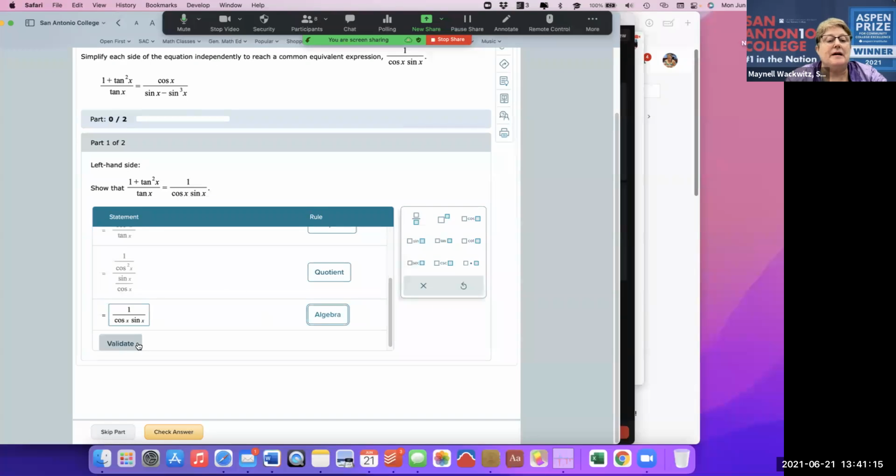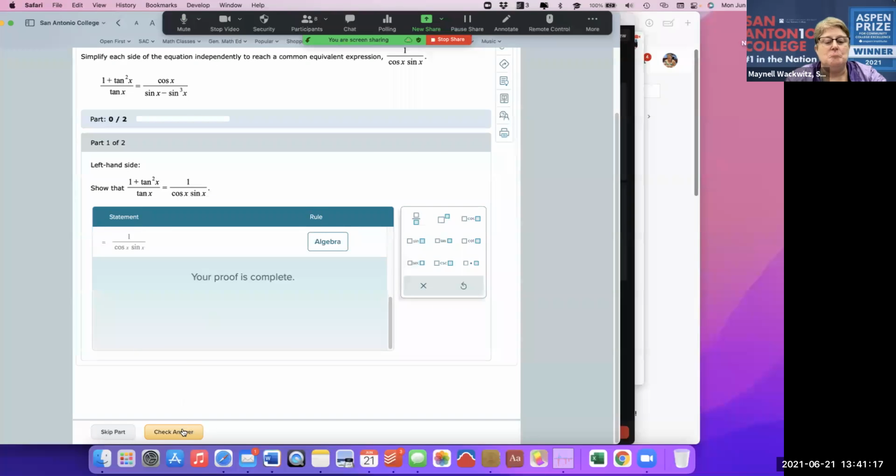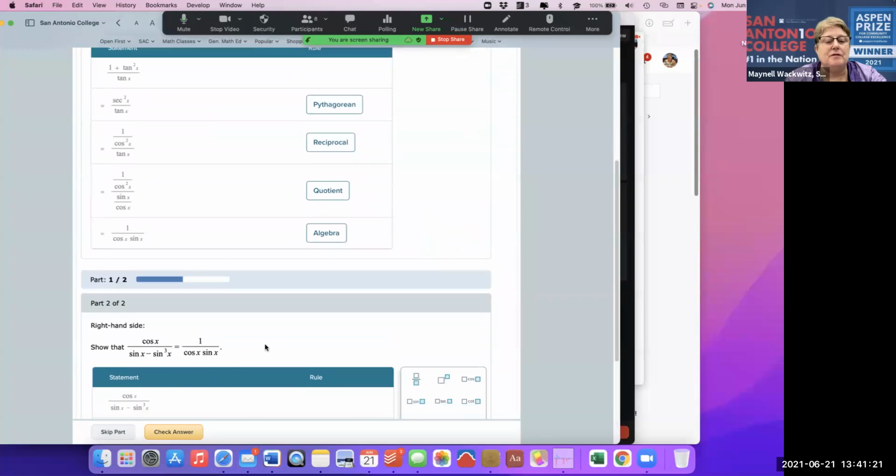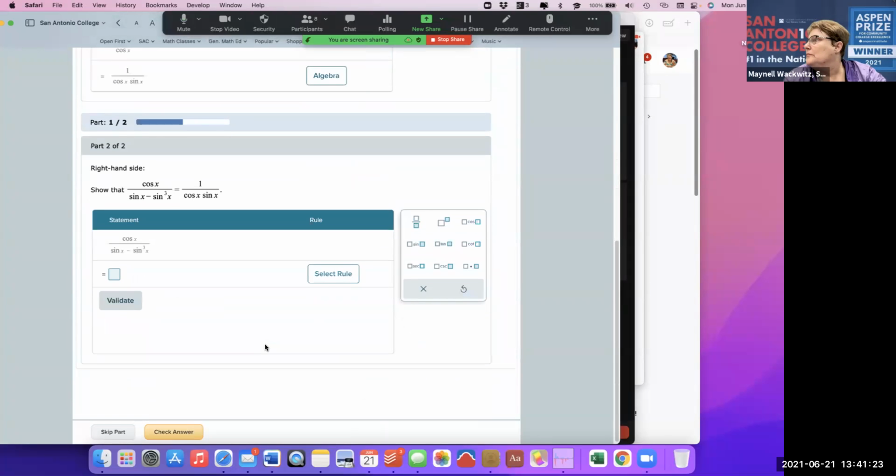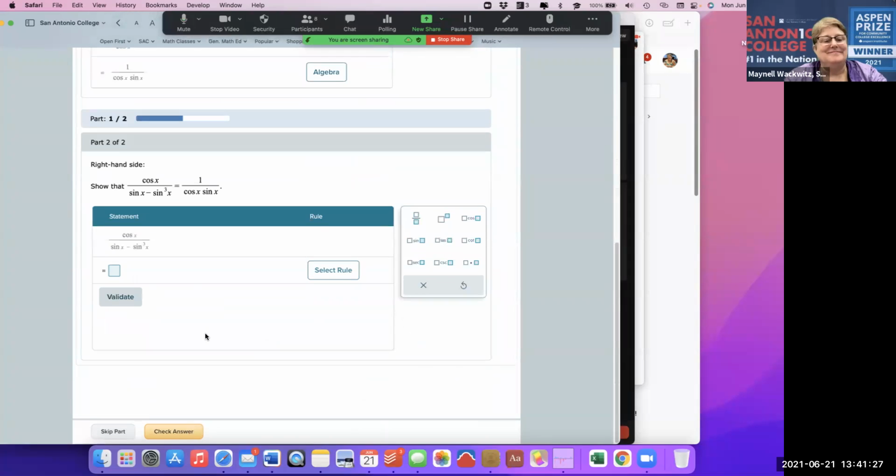All of that was just algebra. And now we're going to do the second half. You can't even go to the check answer part. You complete all the validation steps, so there's really no point in the check answer. I know. And it won't let you check the answer either. It just keeps saying you have to do more.